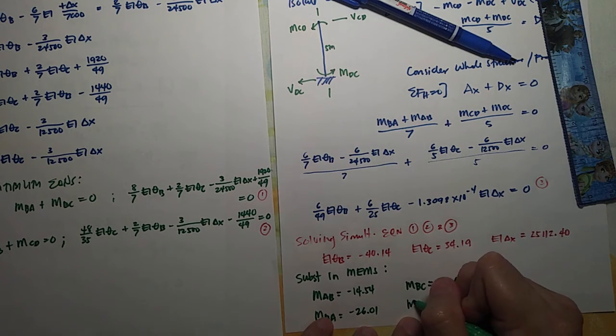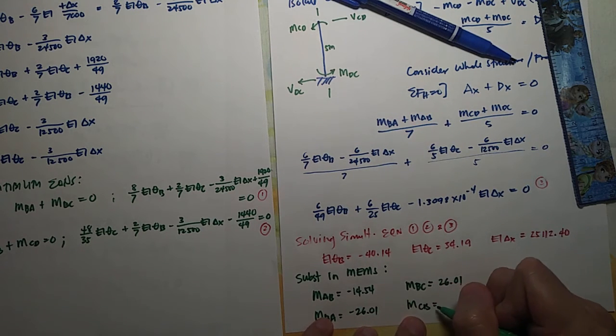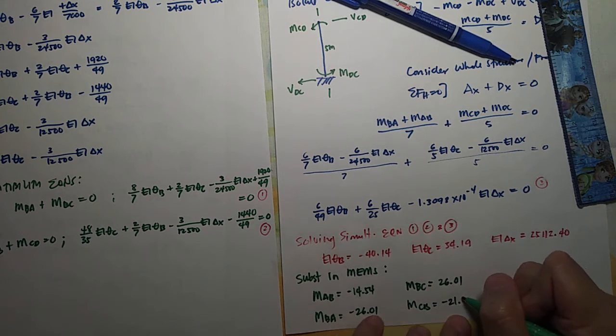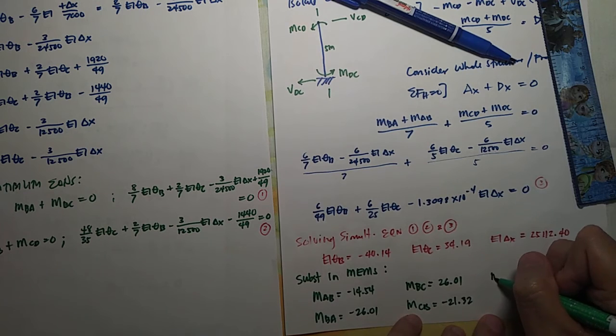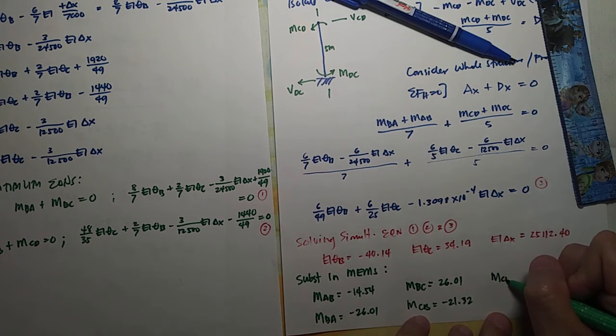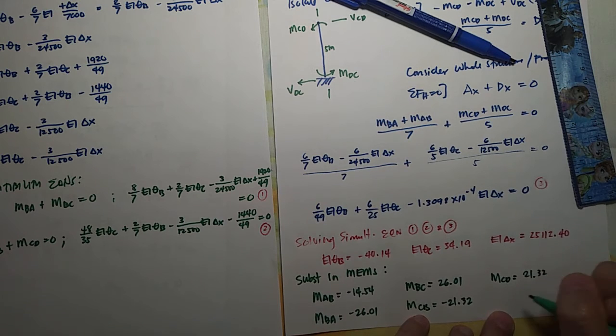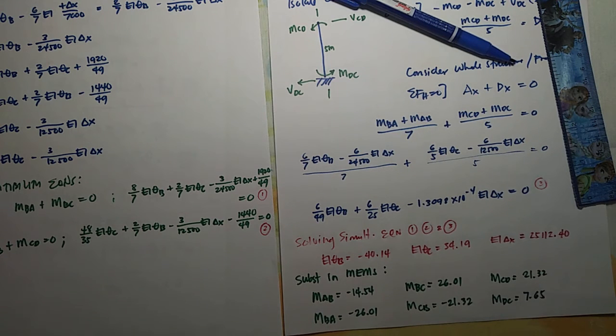Member CB, moment on CB, negative 21.32. Then moment on CD should be positive 21.32. And last is yung moment sa DC is 7.65. Okay?